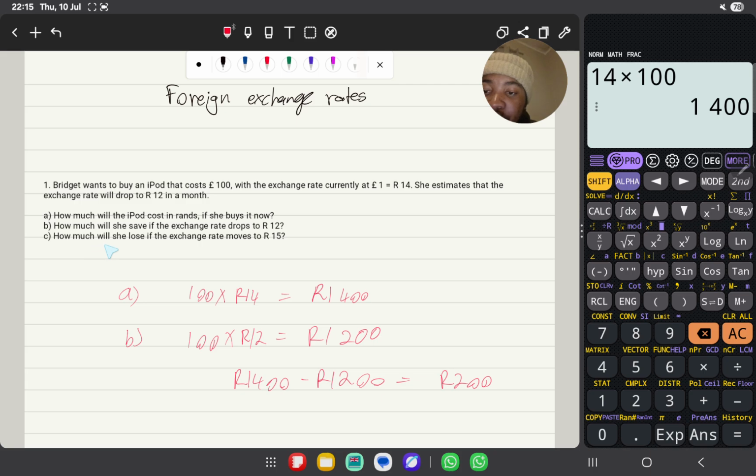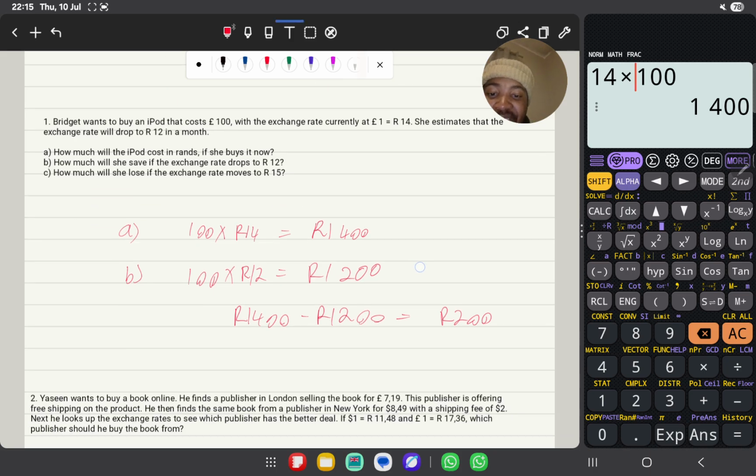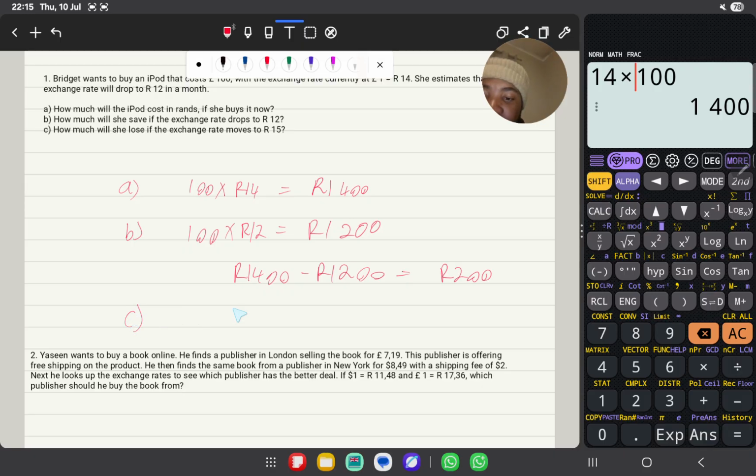And then how much will she lose if the exchange rate moves to 15? That one you calculate by multiplying 100 by 15 rands, and you get an answer of 1,500.